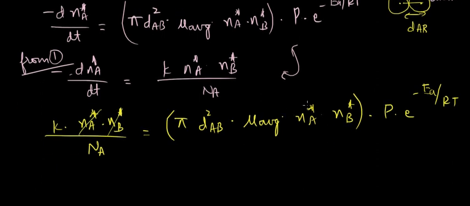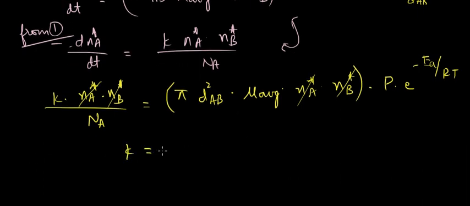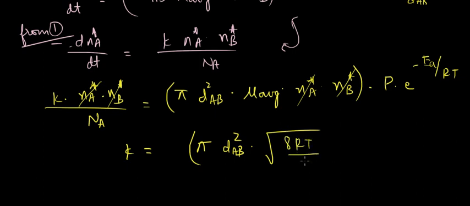So Na star Nb star get cancelled out, and we are left with k equal to pi dAB square times U average, which is root of 8RT upon pi m, multiplied with Avogadro number into probability times e to the power minus EA upon RT.